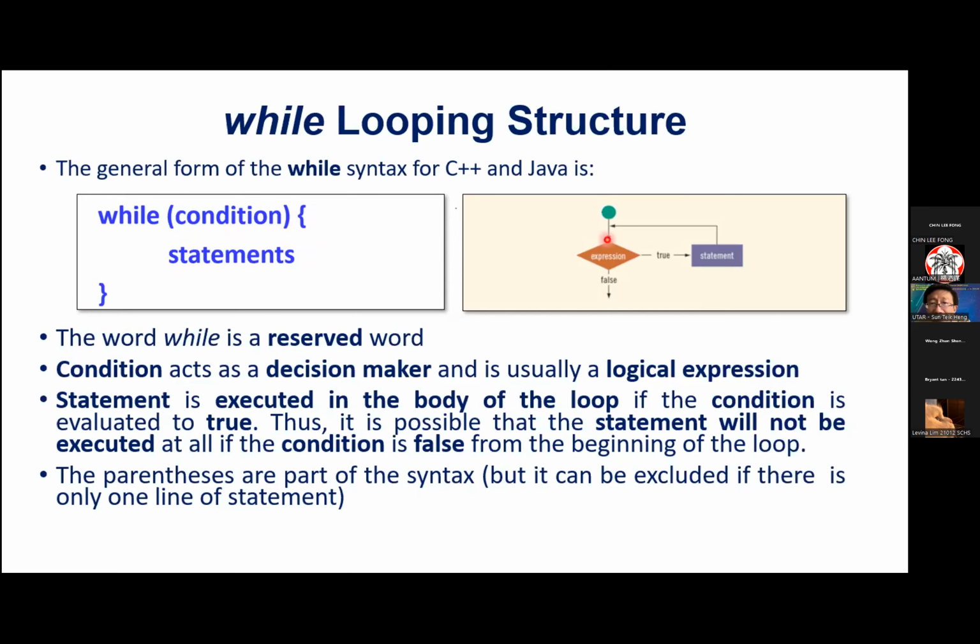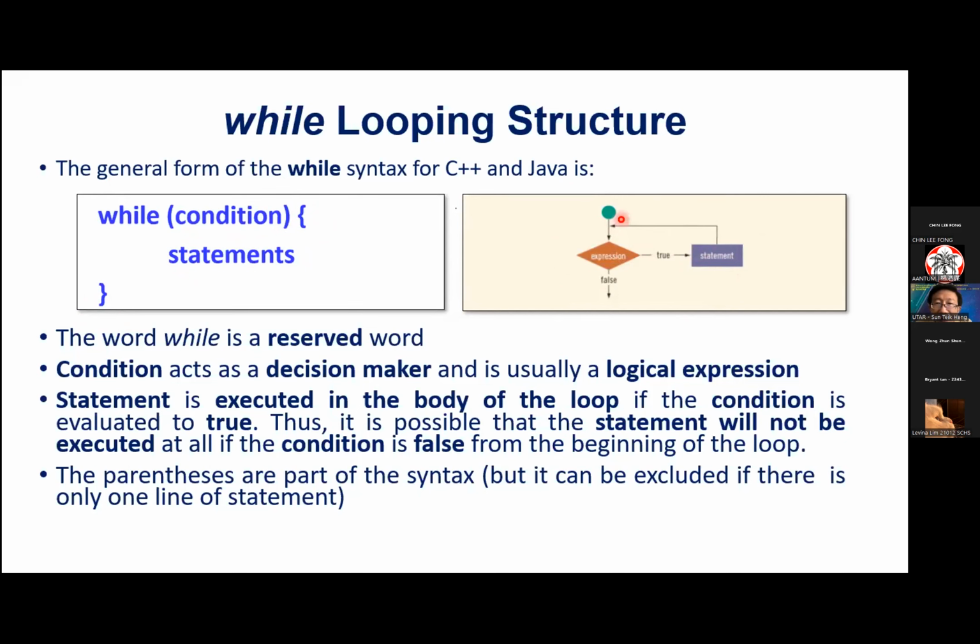So to represent this in the flow chart, you can see over on the right hand side here, we check for the expression here. If the condition is true, then we will perform the statements and then we'll repeat to check the condition. So if the condition is true, then we will perform the statements.